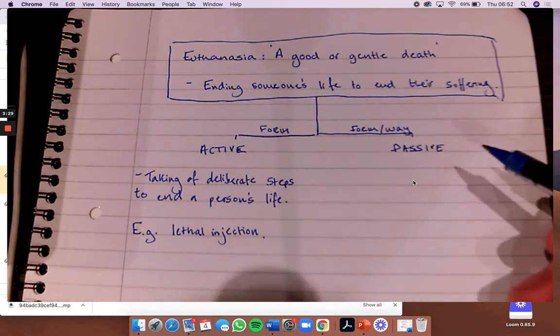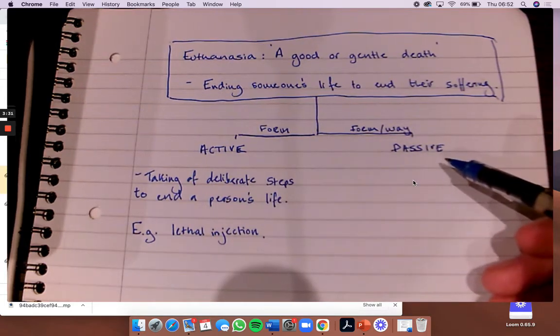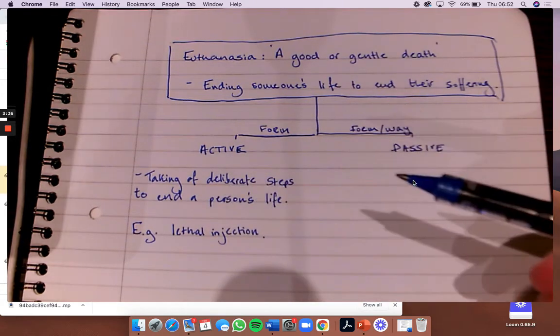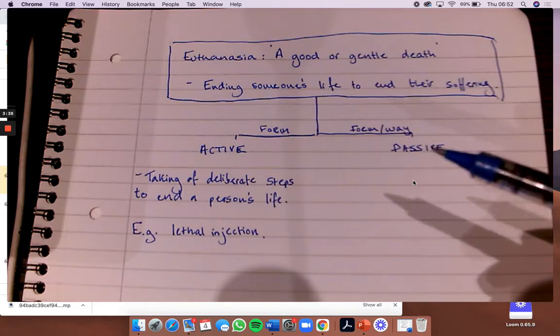Can anyone remember how passive euthanasia is different to active euthanasia? Brilliant.